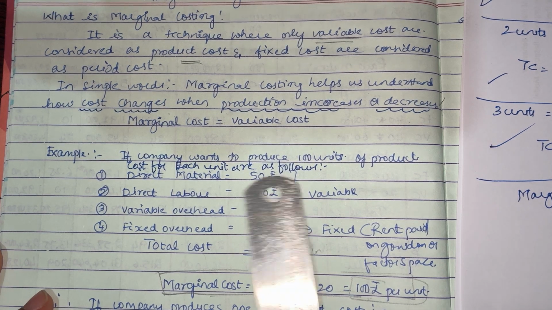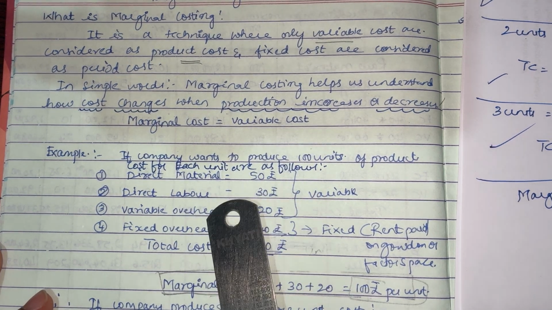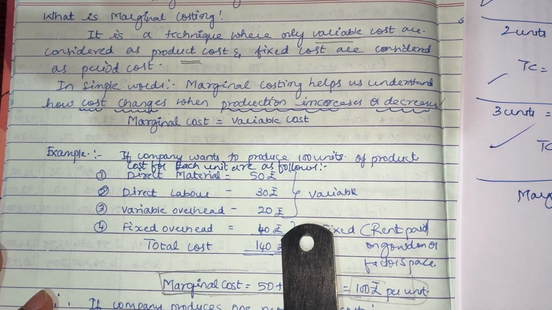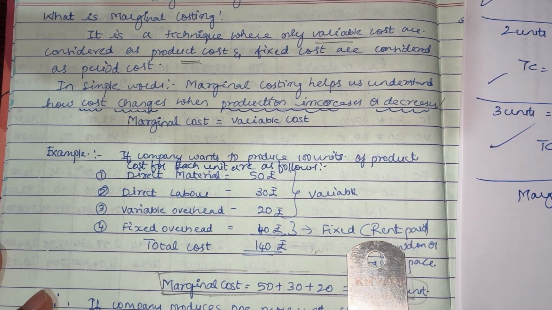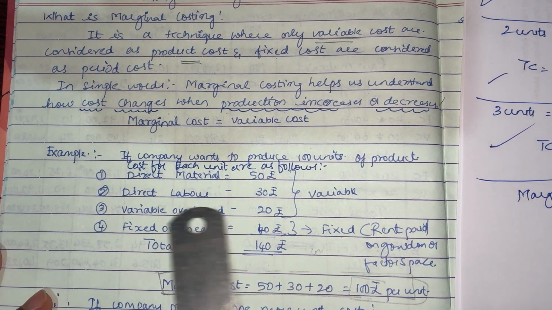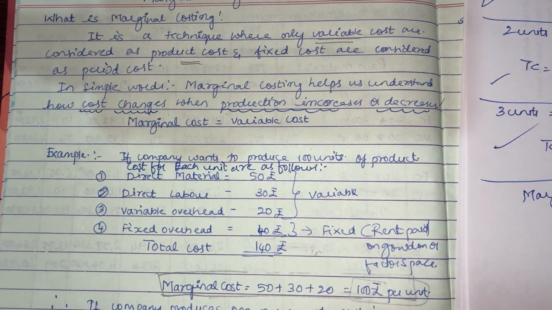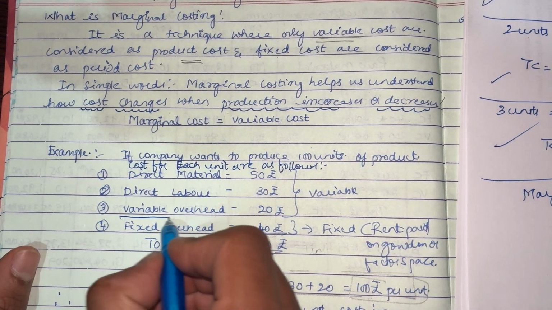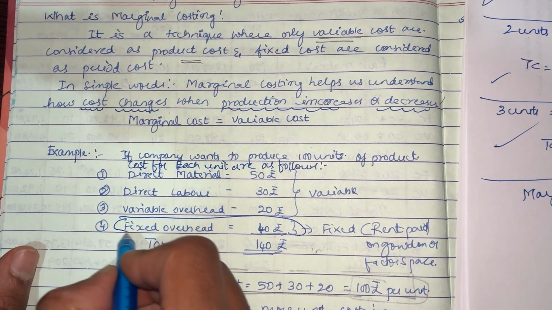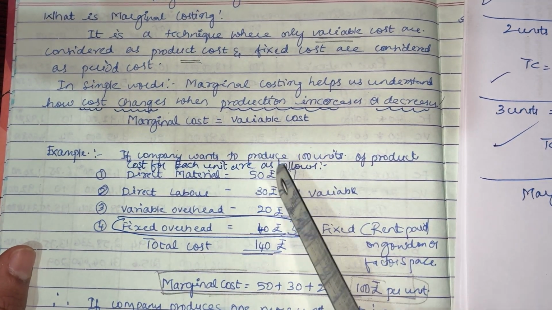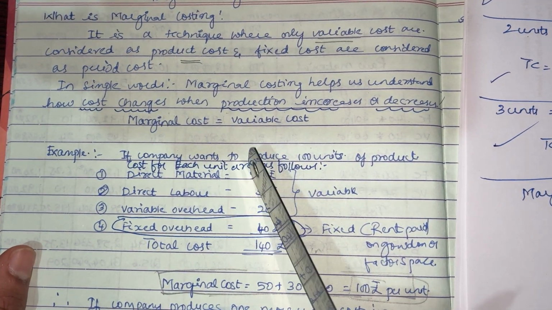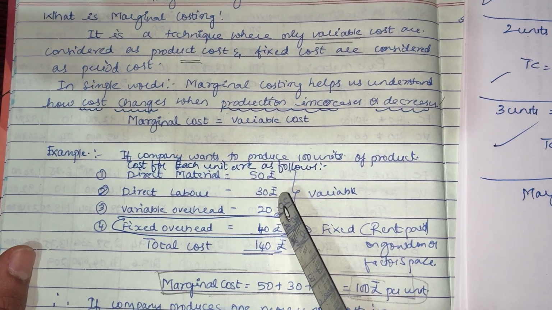We have direct material 50, direct labor 30, variable overhead 20 and fixed overhead 40 rupees, which means that this is fixed in the form of rent paid to the godown or to the factory place. So this 40 rupees is excluded here, because it will never have an impact on my product, because it always remains constant. What will have an impact on my product? 50, 30 and 20, because these are all variable. 50 plus 30 plus 20 will be 100.